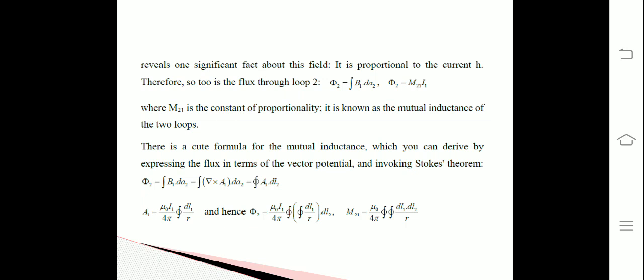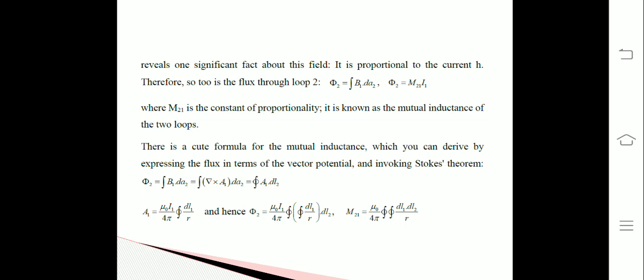There is a cute formula for mutual inductance, which you can derive by expressing the flux in terms of the vector potential and applying Stokes' theorem. Phi 2 is equal to integral B1 dot dA2, equal to integral curl A1 dot dA2, equal to closed integral A1 dot dl2.